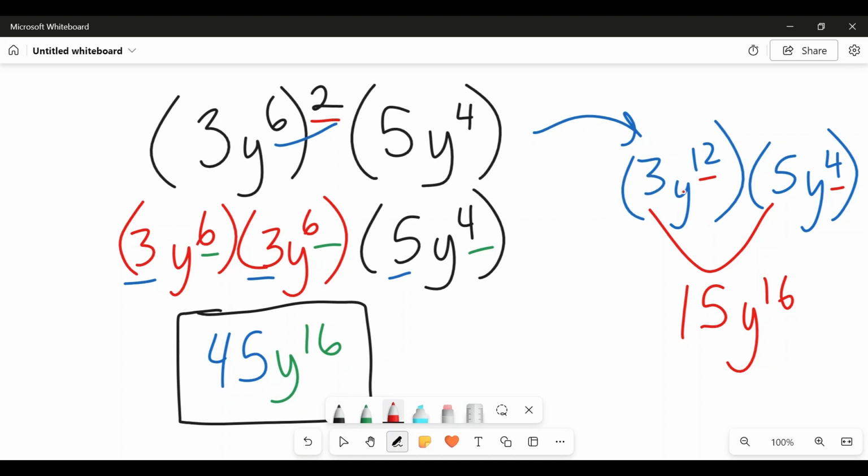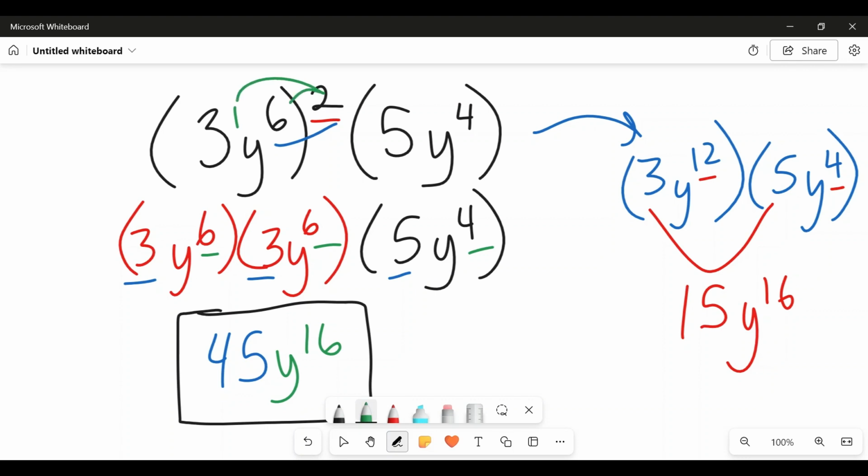So what's different, right? Well, first of all, the number out in front. So how do we get the number out in front? We did 3 times 5. But over here, you notice there's 2 3s. So that's because this exponent has to get reverse distributed to both exponents out in front.